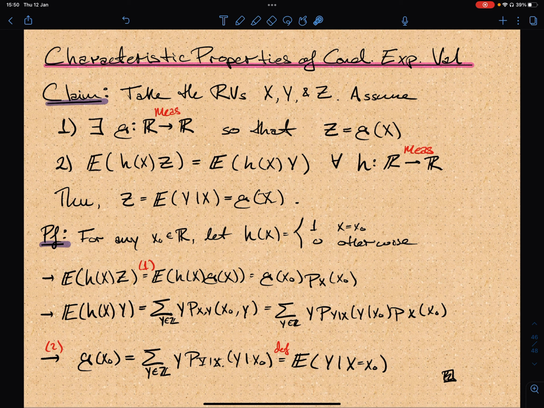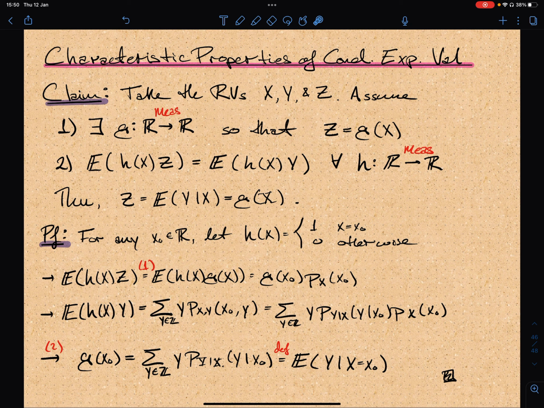So this is really what is pinning down this function g of x. And the thing that makes this condition restrictive is that this is true for any measurable function from R to R. And this pins down this function of x. And so let's see how this works out in the proof.